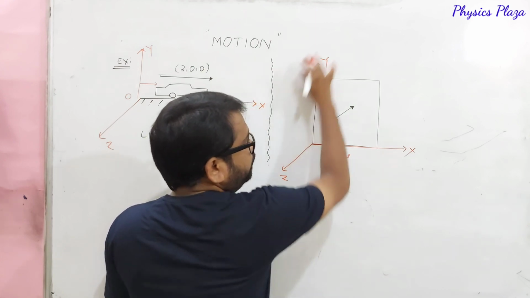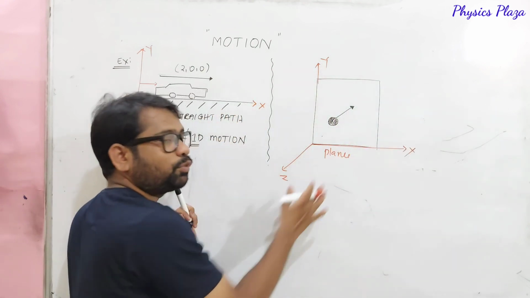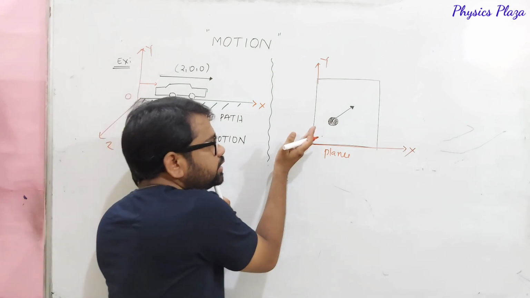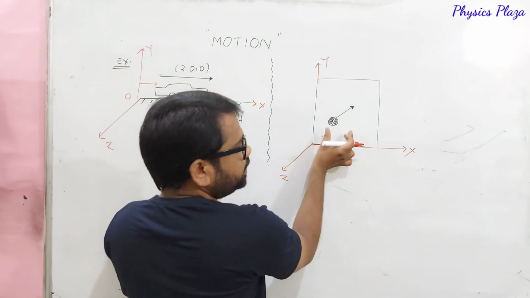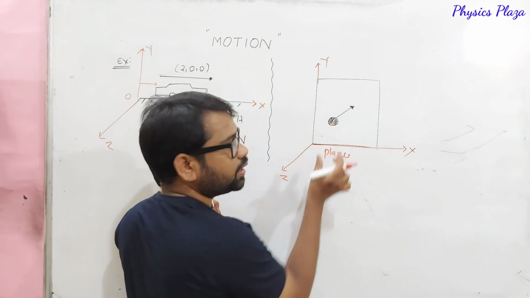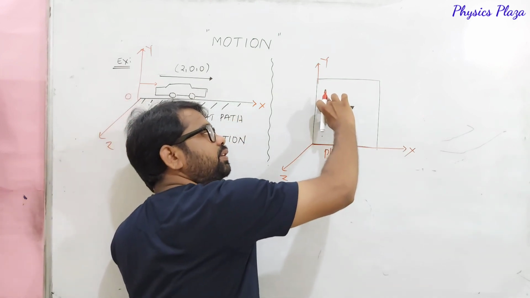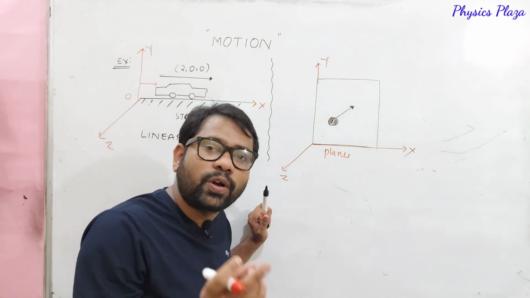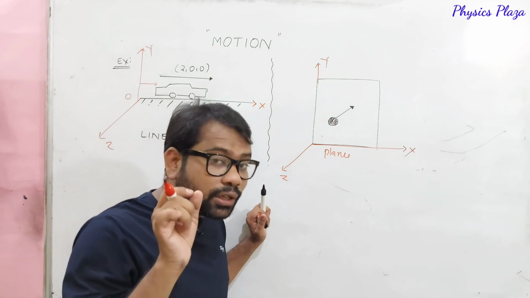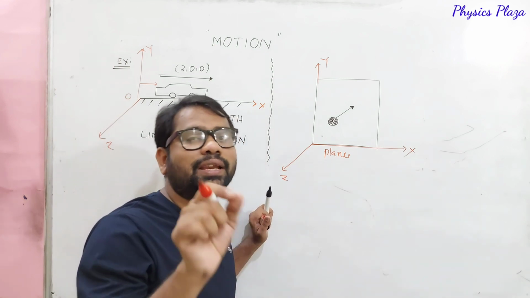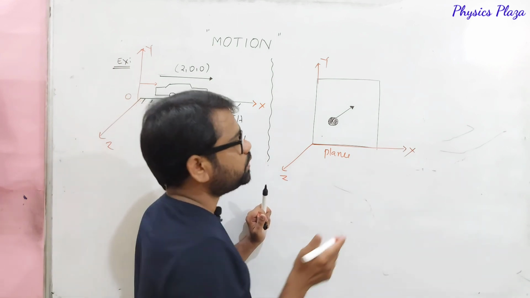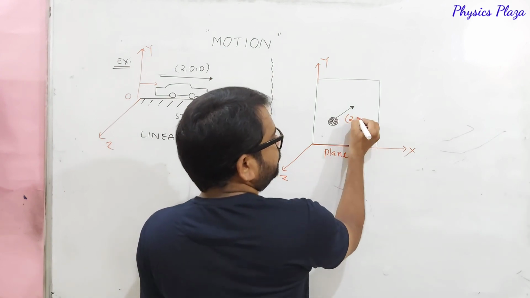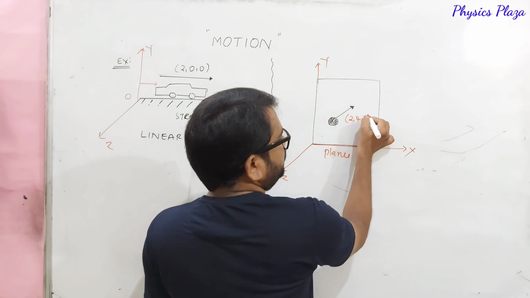Now if you think, as it is moving like this, it is covering some distance on the x-axis as well as some distance on the y-axis. Here the x coordinate and y coordinate both are going to change, but not the z value. You can take, for example, a 2 meter distance on the x-axis and a 4 meter distance on the y-axis, but z is 0 only.